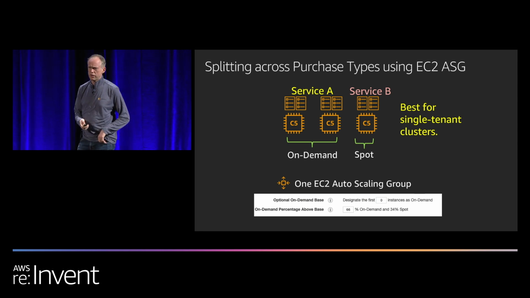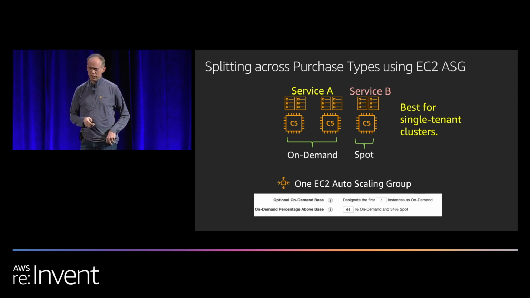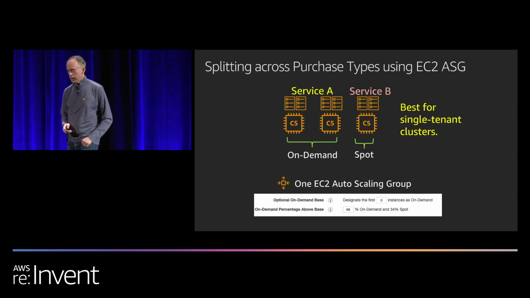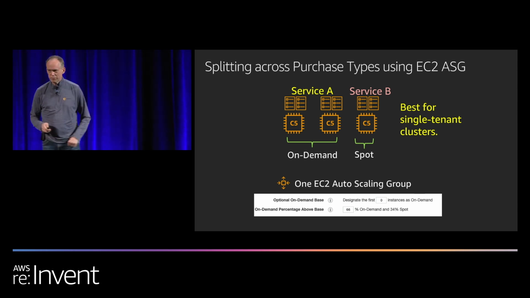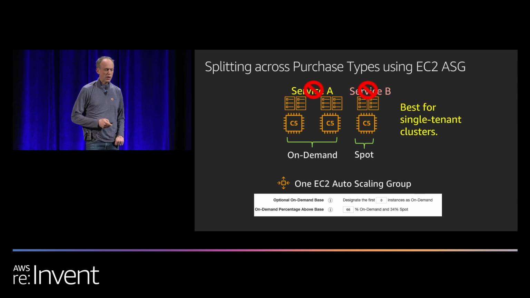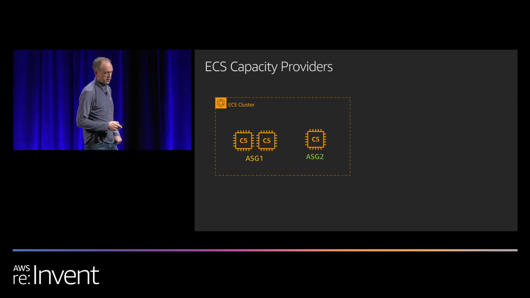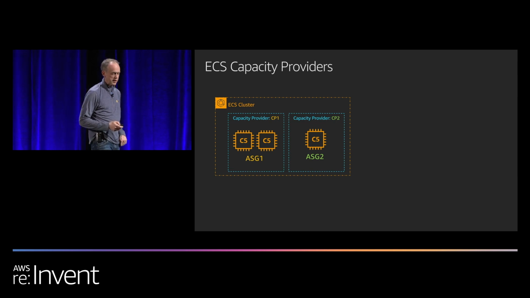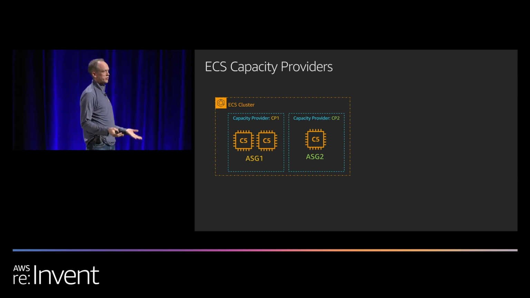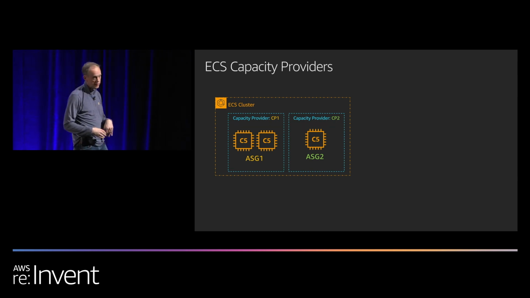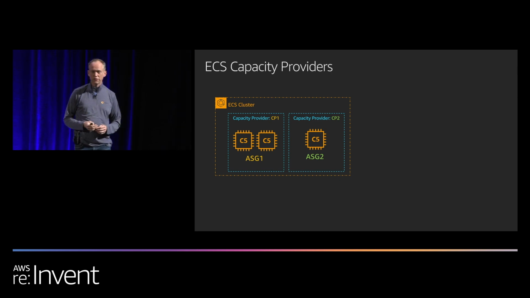So we've seen requests for this type of thing for a while, which is why the Autoscaling team launched this feature in ASG. And we see containers customers wanting to do the same thing. So what we've done in ECS is we've actually launched a feature this week that can do exactly this. The idea is if you have multiple auto-scaling groups in a single cluster, you can use this new concept in ECS called a capacity provider.